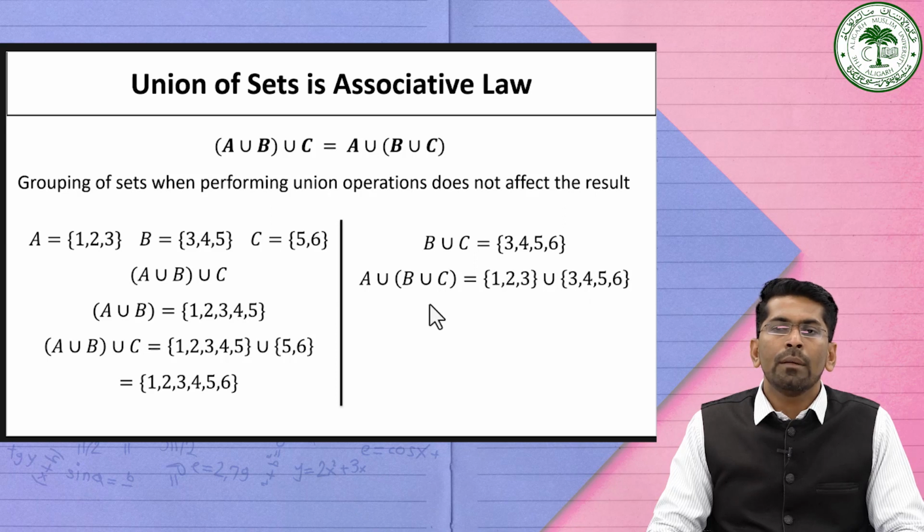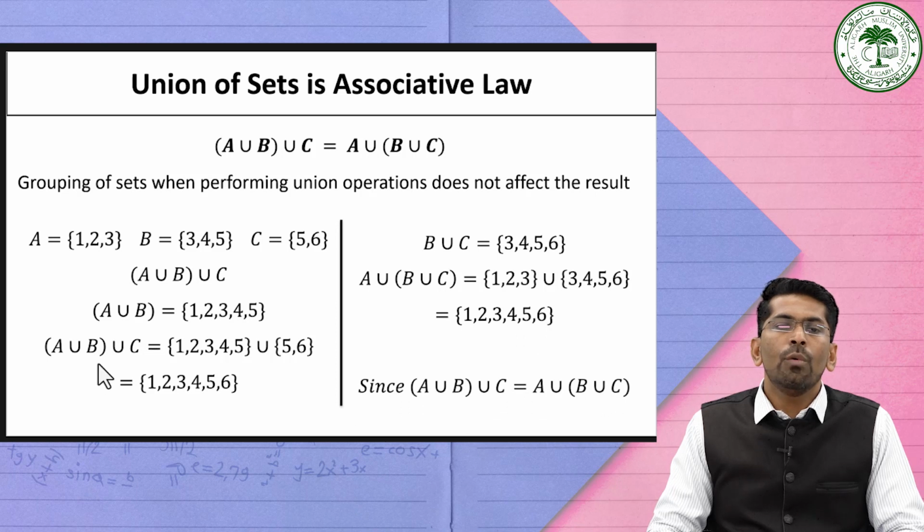So if you take A union (B union C), it becomes {1, 2, 3, 4, 5, 6}. So you can see that (A union B) union C is equal to {1, 2, 3, 4, 5, 6}, and A union (B union C) is also equal to {1, 2, 3, 4, 5, 6}.